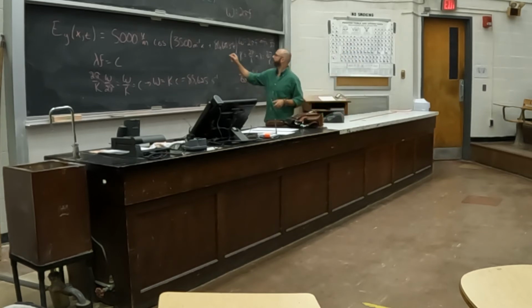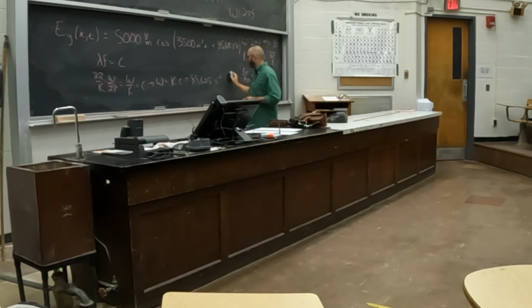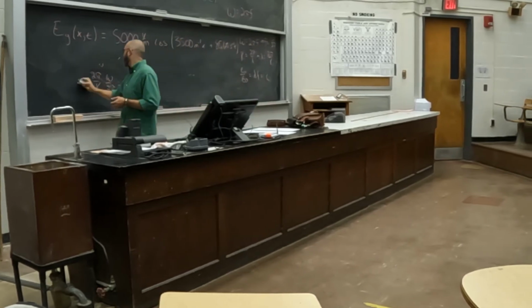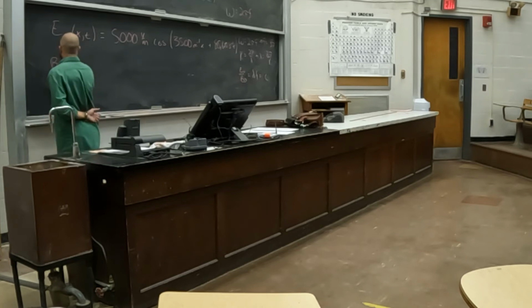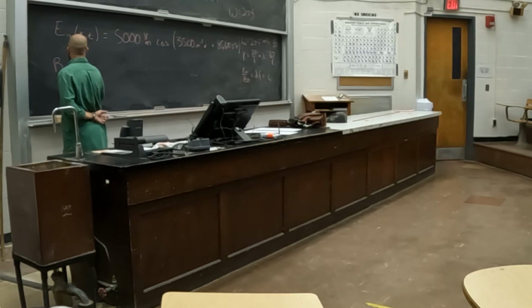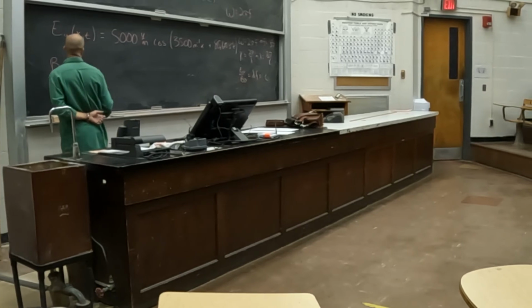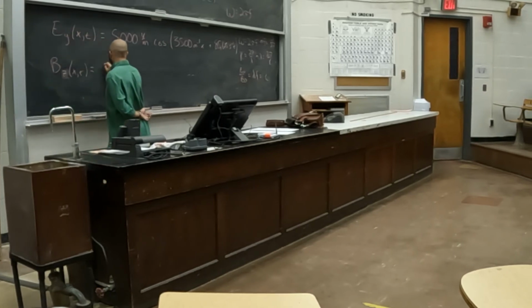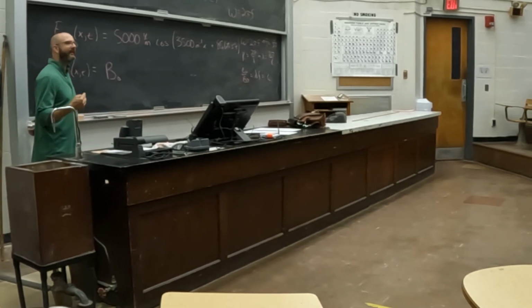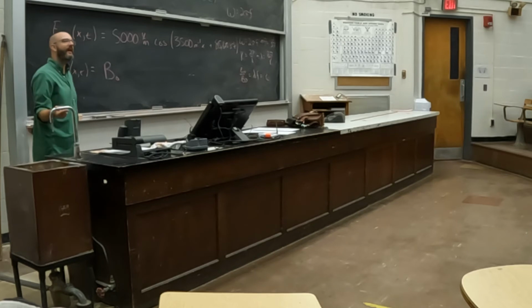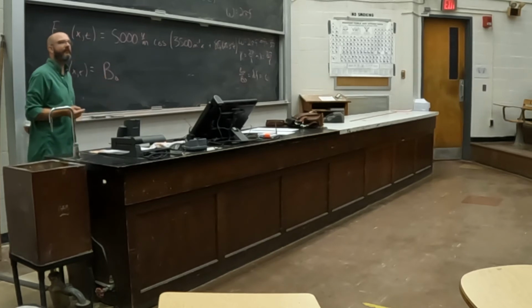Okay. Now, if I'm going to write down the magnetic equation, not Y, well, it's going to be some B naught, which I'm going to figure out in a second. But then this is nice because these waves are in phase, everything else is the same.